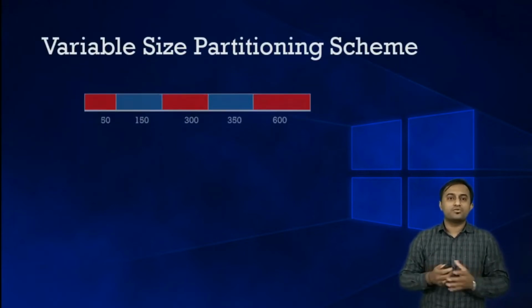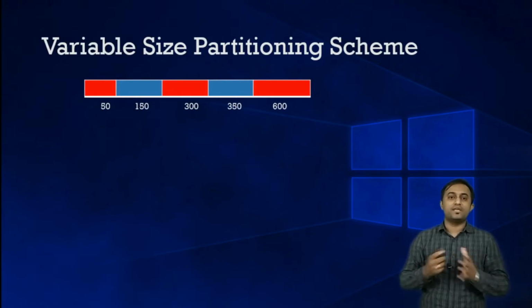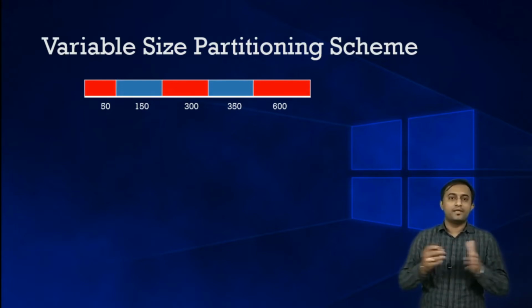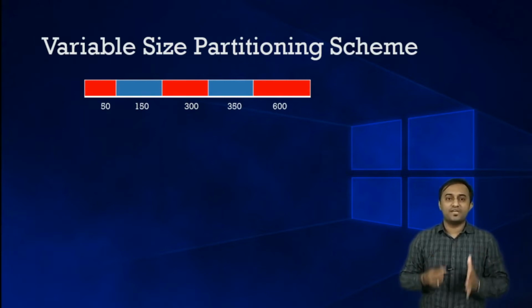In the case of variable size partitioning scheme, as I told you, there is no prior partition. So you can see in this figure, there are different sizes of memory blocks. You people might be confused. Sir, you told us in the previous session that in variable size partitioning scheme there is no prior partition.